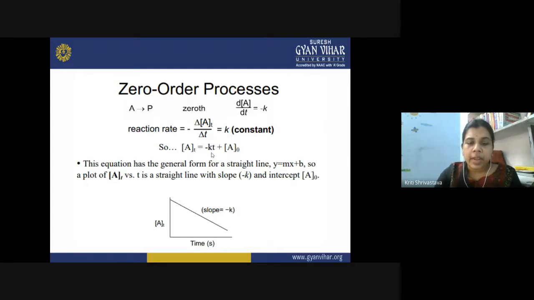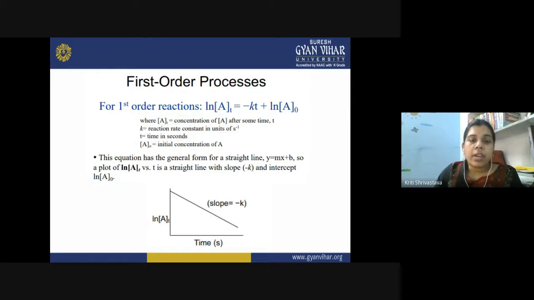This is the rate constant, and the intercept is A naught, the initial concentration of reactant A. This would be the graph of a zero order process. This is the differential form of the rate law, and this is the integrated form of the rate law.